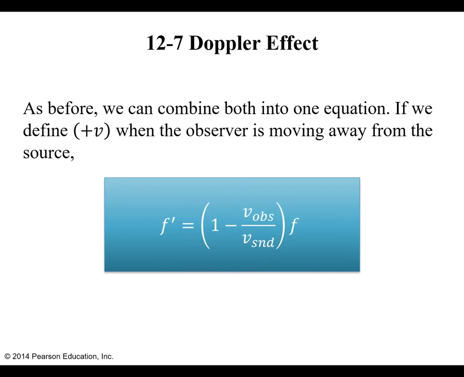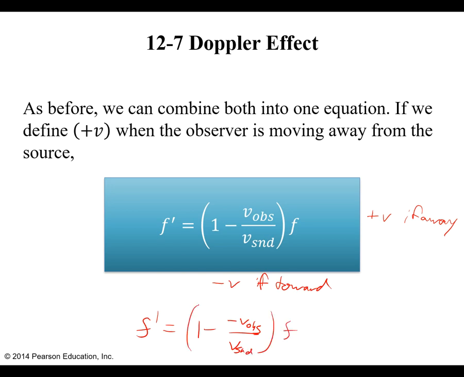And once again, positive velocity if it's away, but if it's moving toward, then you put in a negative velocity and you get f prime is equal to 1 minus a negative velocity of the observer divided by speed of sound times your frequency.